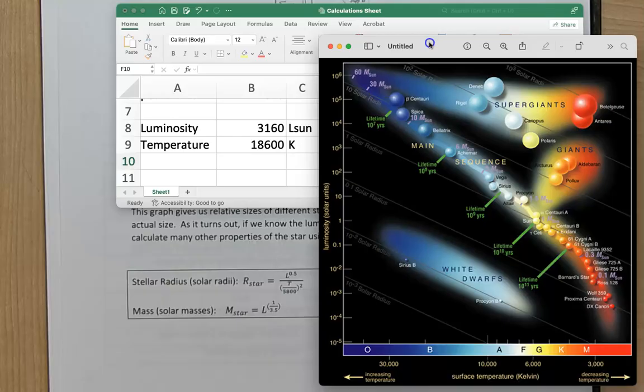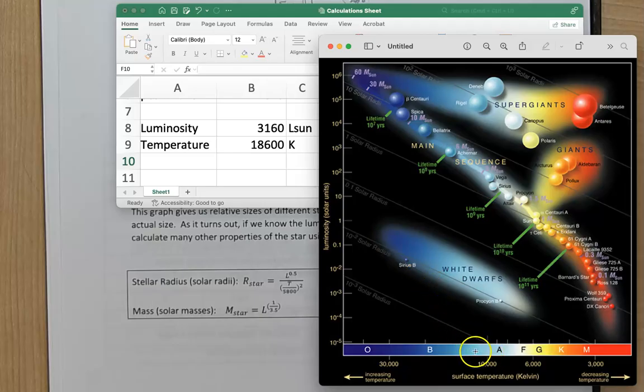Here's our HR diagram. If this star has a luminosity of 3,000 solar luminosities, well, here's the luminosity on the vertical axis: 10, 100, 1,000, 10,000. That's a luminosity right about here. And it has a temperature of 18,000 Kelvin.